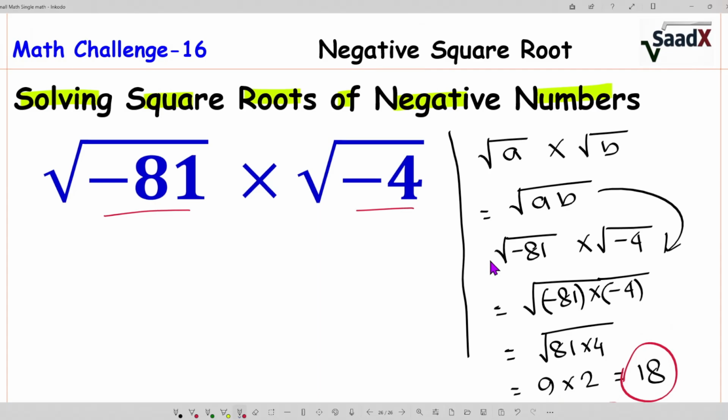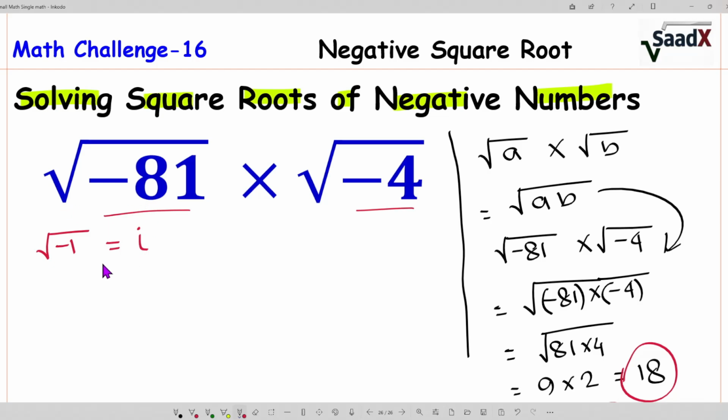So what is the exact answer? Express the square roots of negative numbers in terms of i. Look, root minus 1, we can say this one is i, the imaginary number. You cannot take the root.